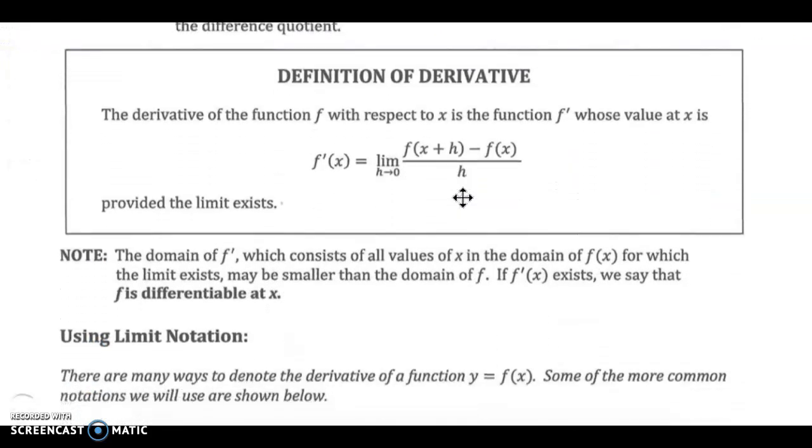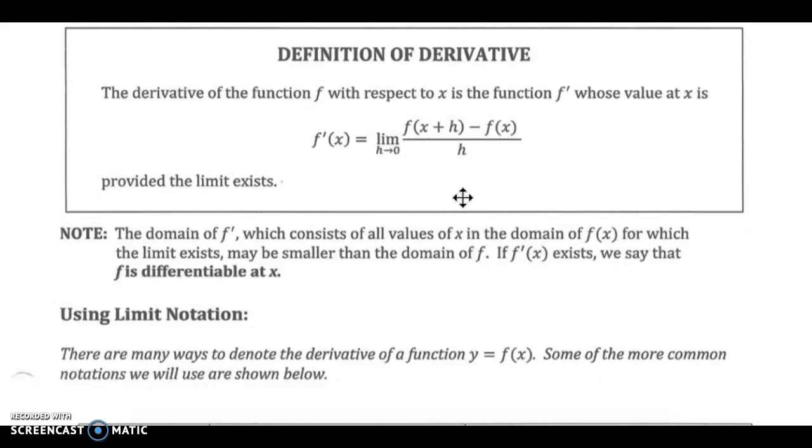The definition of a derivative: the derivative of a function f with respect to x is the function f prime, which is the derivative. So f prime of x is the limit as h approaches 0 of f of x plus h minus f of x, all over h.